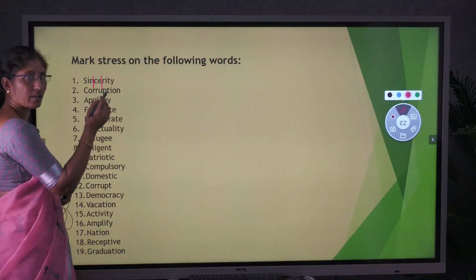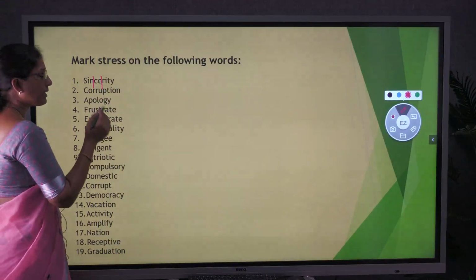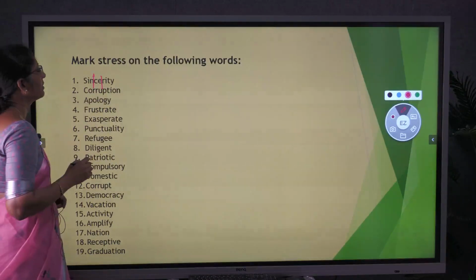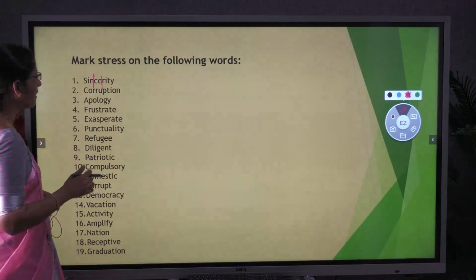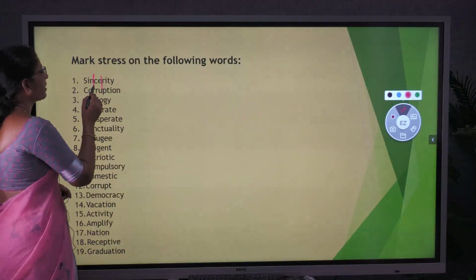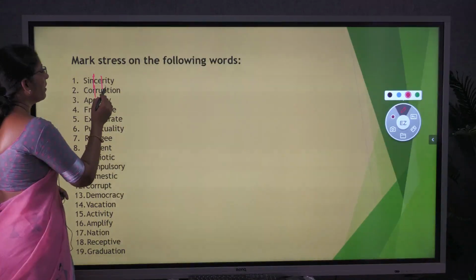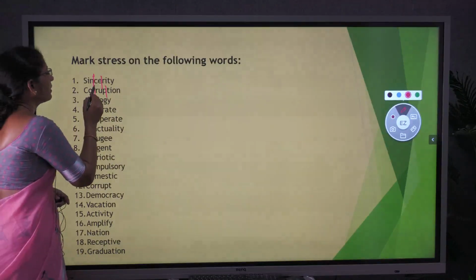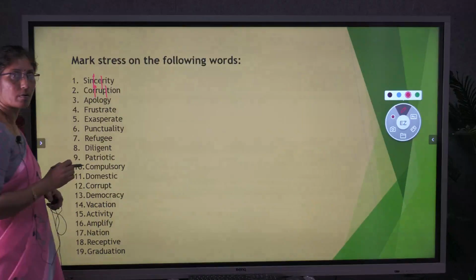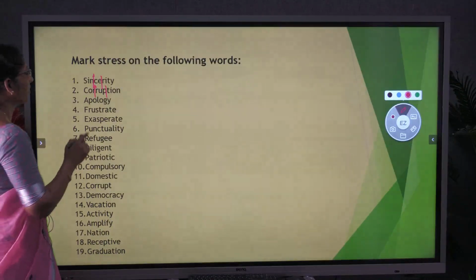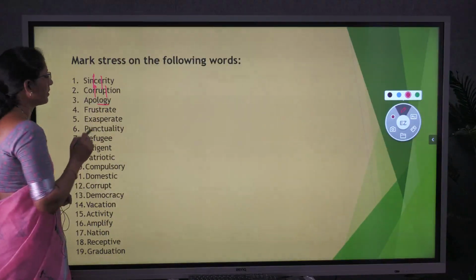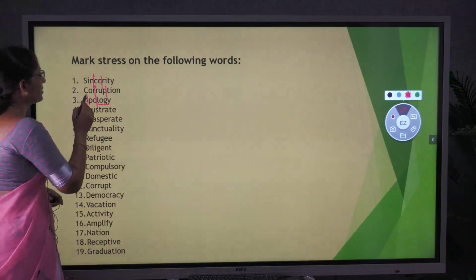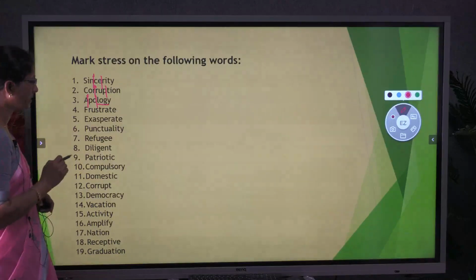As per the rule, a word ending with ITY, the syllable before the suffix will receive stress. Sincerity. Next, TION. Corruption. So the syllable before it. Here the stress is on the second syllable, corruption. Next one, LOGY. Apology. Here the syllable before the suffix.